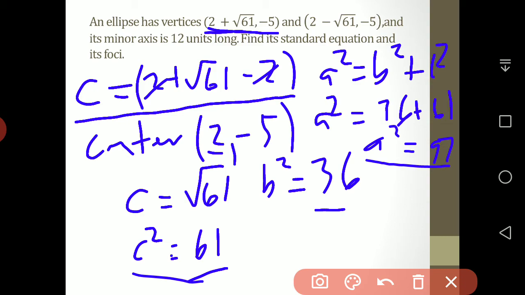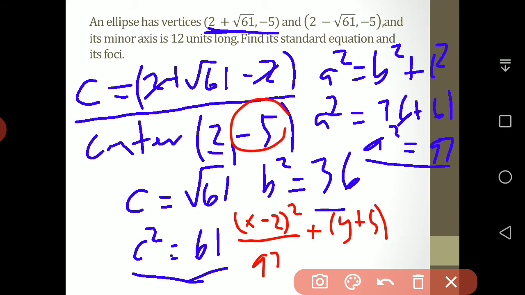So our equation will now be equal to (x minus 2) squared over our a squared, 97, plus (y plus 5) squared over 36 is equal to 1.